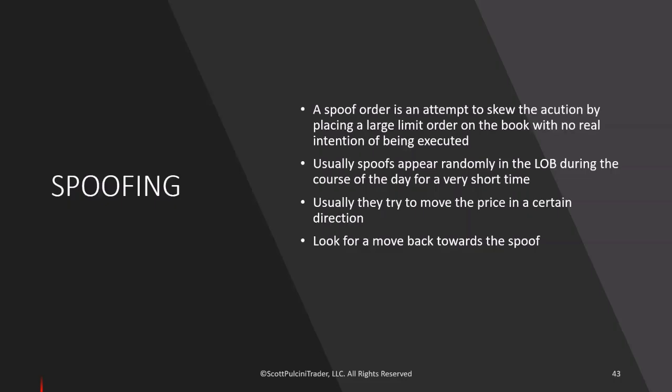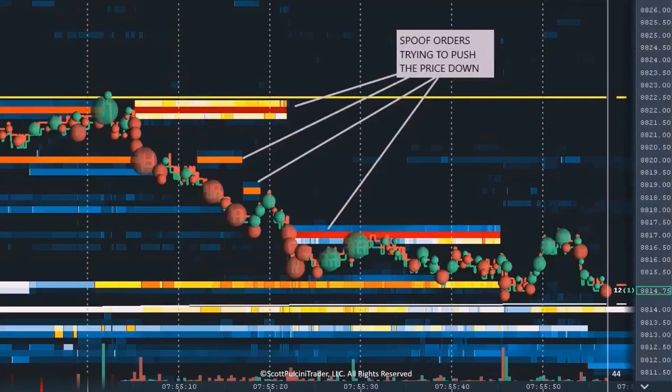Let's take a look at how it works. When you see those random big orders just coming, those are very likely spoof orders that have no intent of being executed. You see the price here, they try to skew the auction in favor of the sellers and move the price back down.